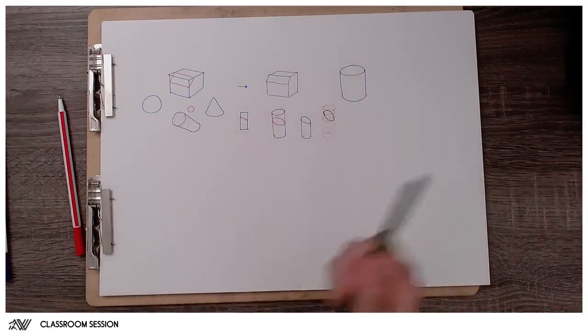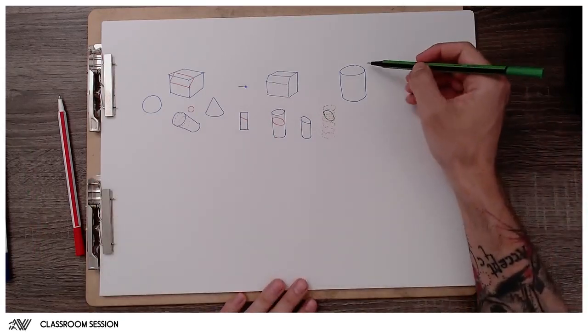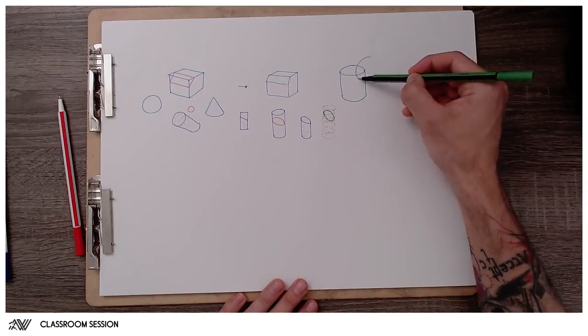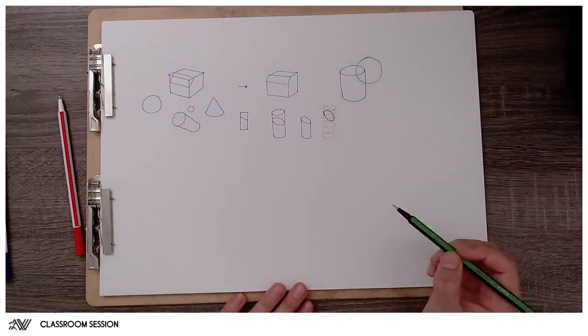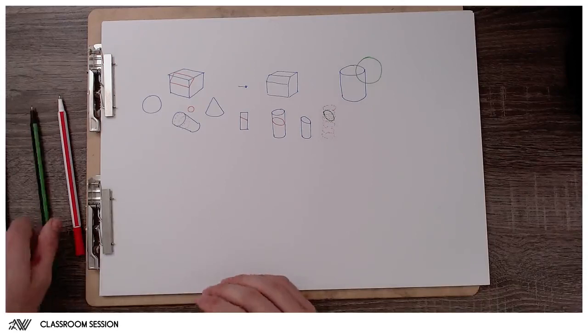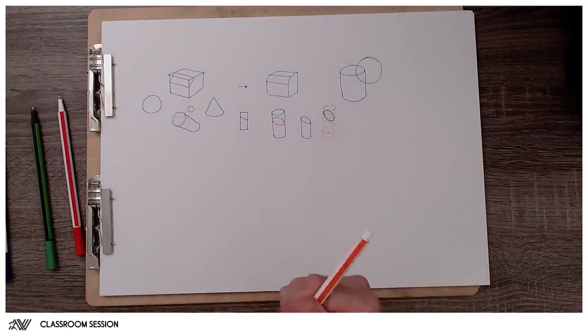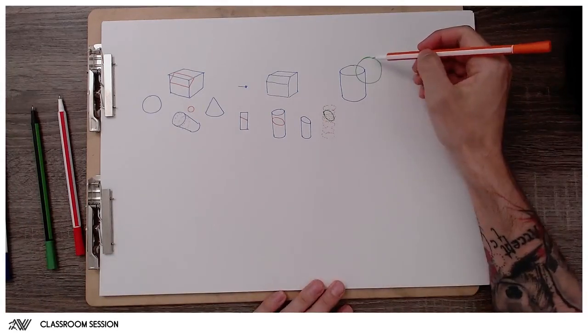And so I'm gonna use yet another color, surprise, surprise. So I'm going to draw my sphere like this. Something like that. Now what I need to think about is, okay, what are the cross sections of my sphere?